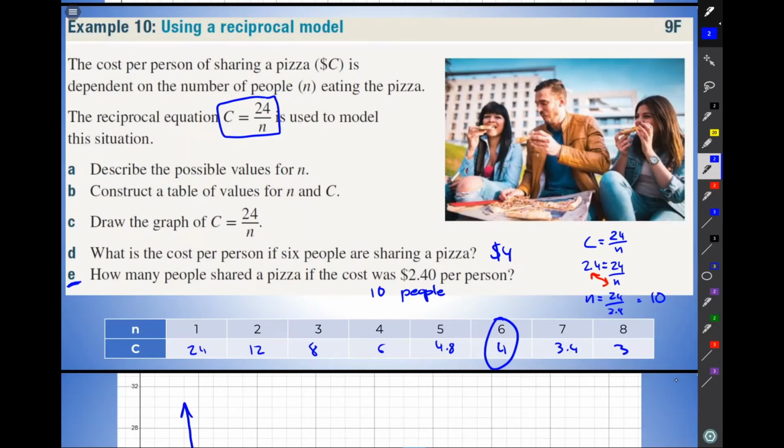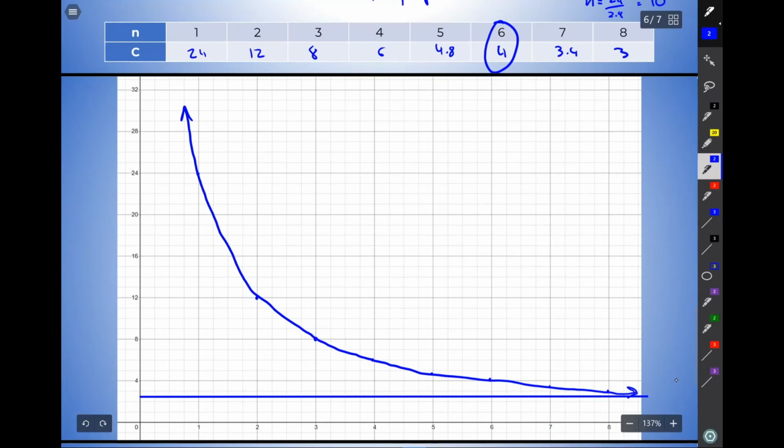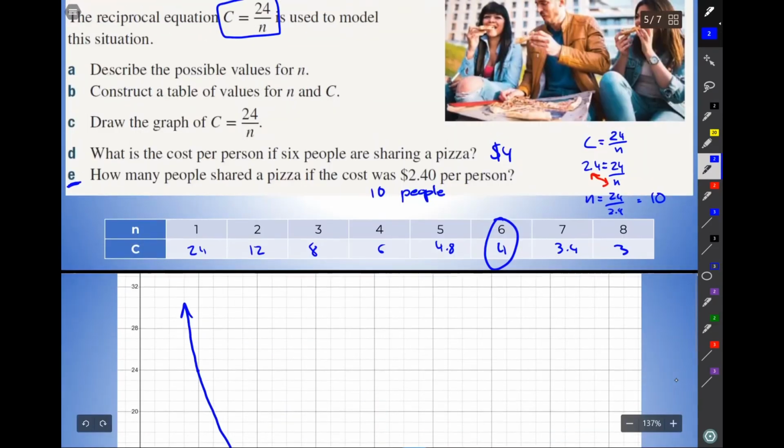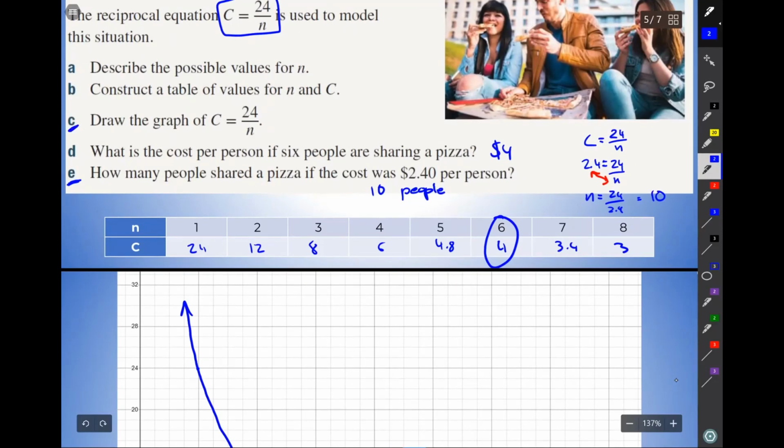Now, something that you may have noticed here is that we didn't really use our graph for anything. We were told to draw it, so we drew it. But we answered both of these questions without actually looking at the graph. We used just the formula in both cases. And that will sometimes be the case with questions in this unit.